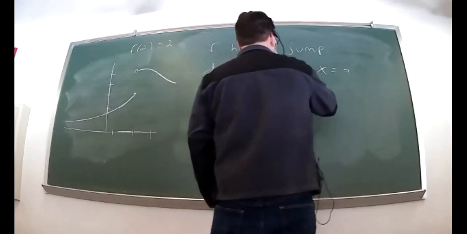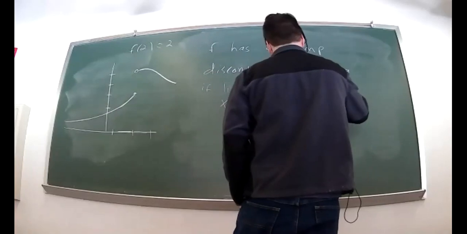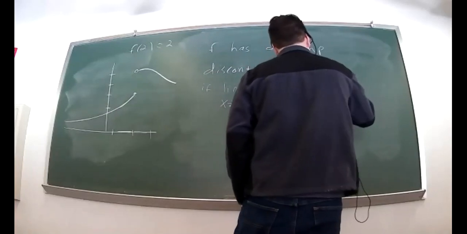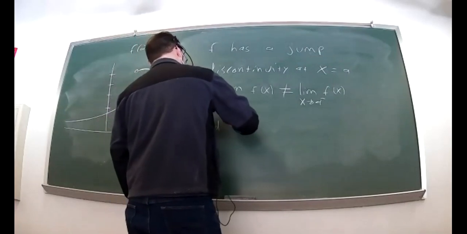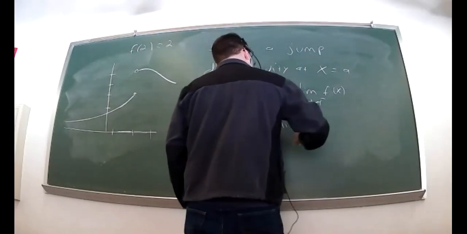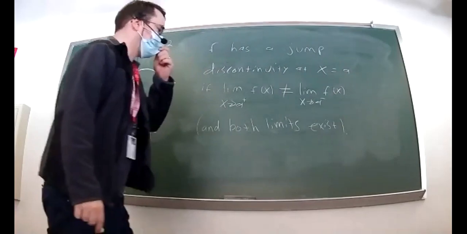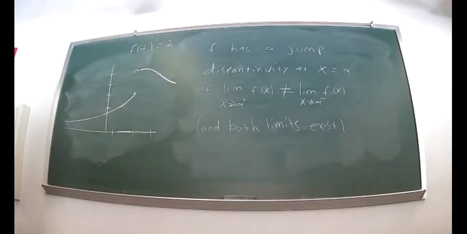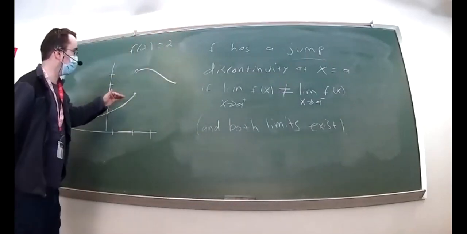So if these two limits exist, but are not equal to each other, and both limits exist. I'll say more about that parenthetical statement in a minute. But you can see why it's called jump discontinuity. It looks like the graph is jumping up.